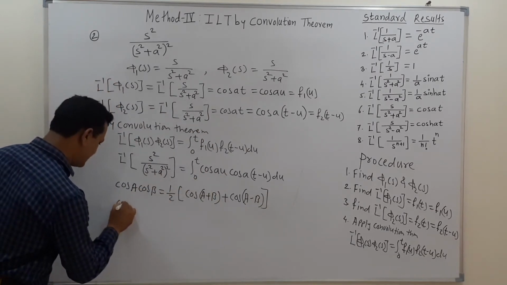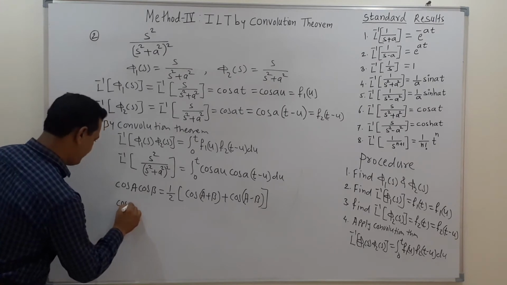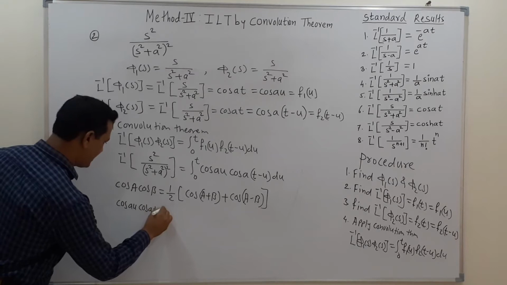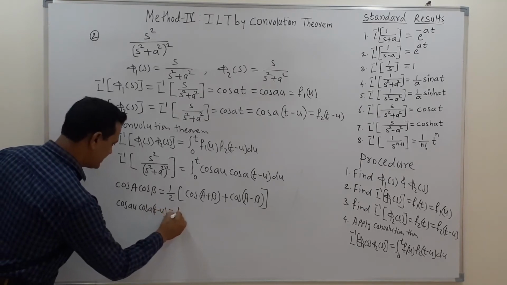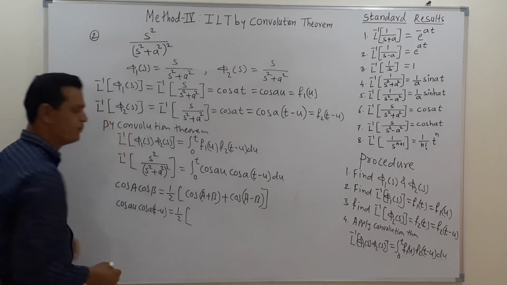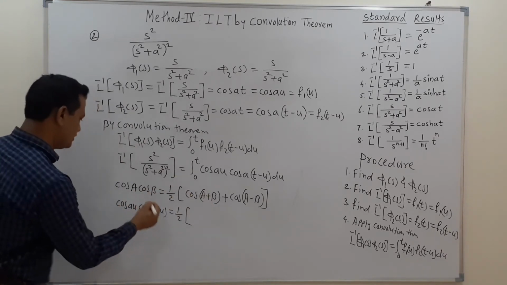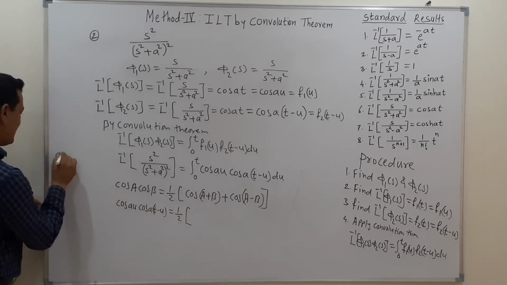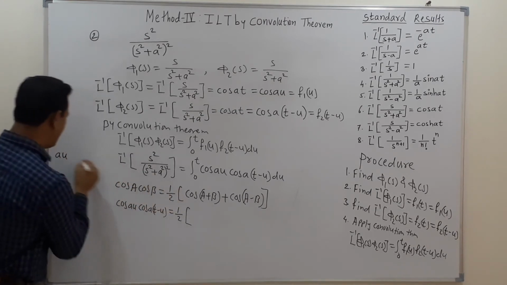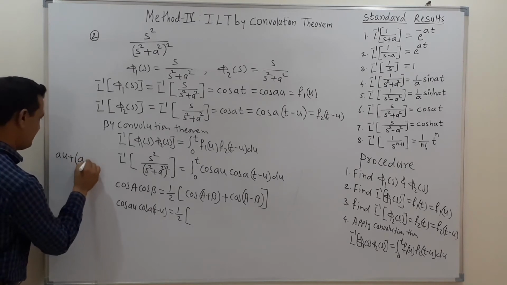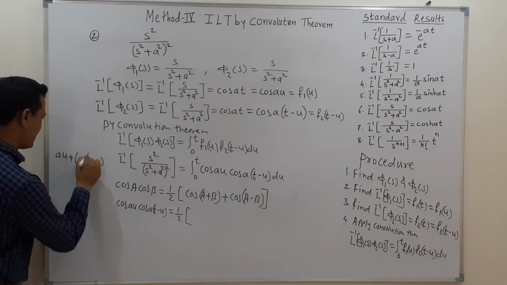So we can write cos of au into cos of a times (t minus u) is equal to 1 upon 2. First take the addition of angles a and b. Here the value of a is au, and its addition with the second term, a times (t minus u).